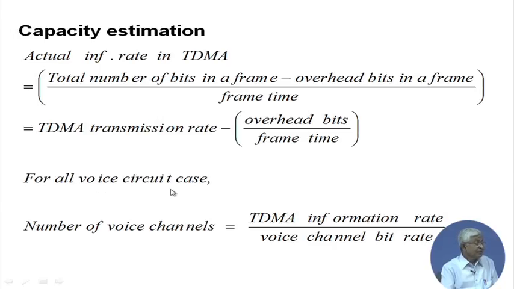For voice circuits, the TDMA information rate and transmission rate are not the same. You have to remember that because there are overheads. So, the TDMA information rate divided by the voice channel bit rate, 64 kilobits normally taken, gives the number of voice channels. If voice codecs are used, the bit rate can be different.